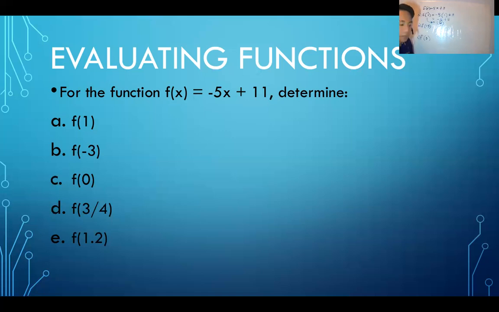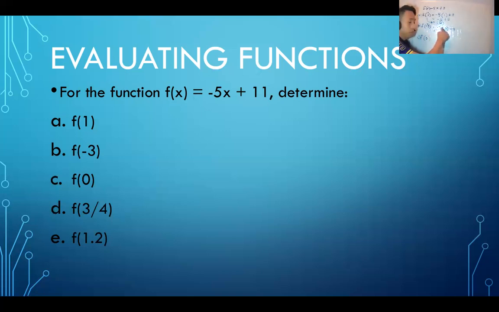Nakuha? Good. Next one we have letter B, where we need to find the function of negative 3. Again, this is the value of x, so we will change x to negative 3. So negative 5 multiplied by negative 3 plus 11.